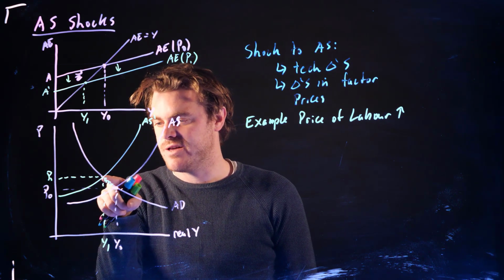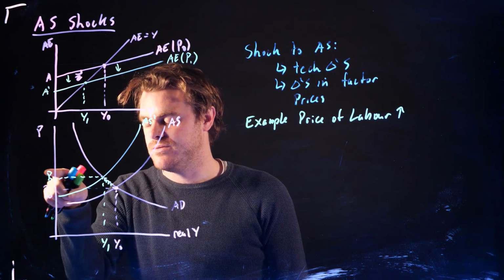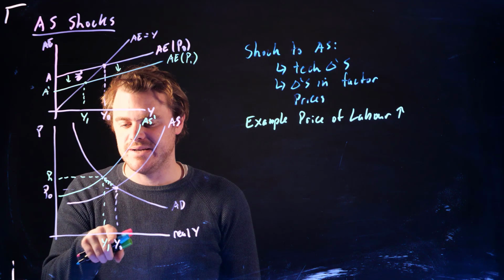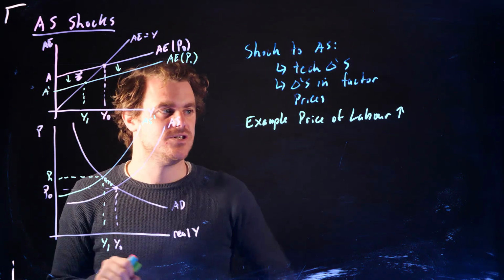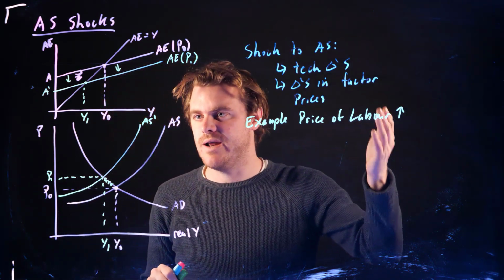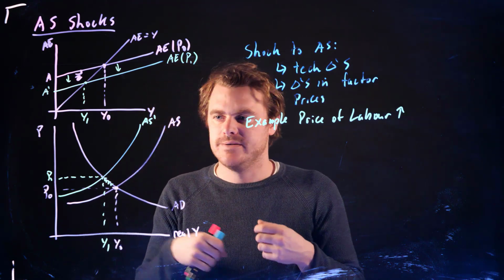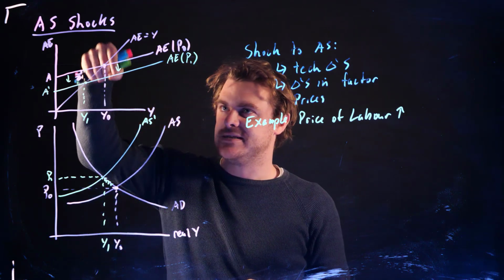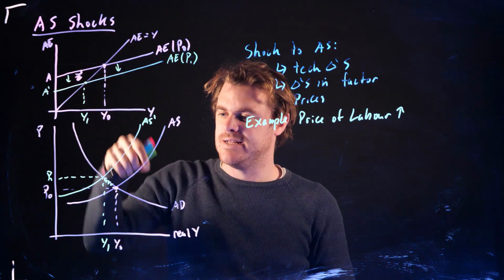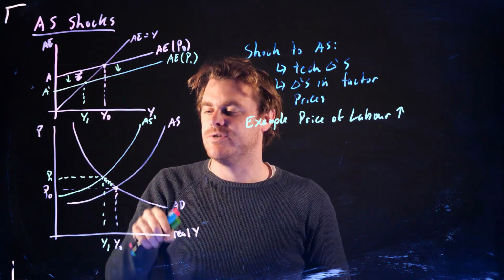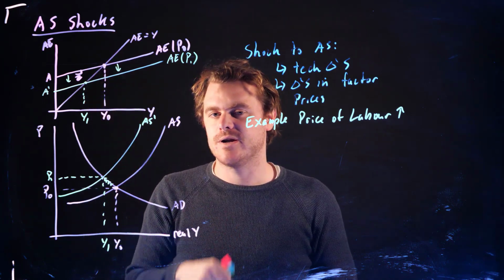So we're just moving along this AD curve to get this new kind of short run macroeconomic equilibrium at P1 and Y1. So here's an example when the price of labor went up. If the price of labor goes down, the AS curve would shift to the right. And again, instead of this AE curve going down, there would be kind of downward pressure on prices. And so this AE curve would shift up and our real Y would go up as a result.